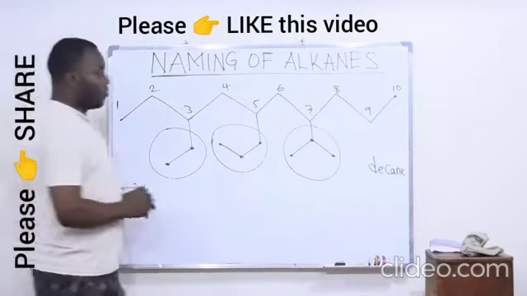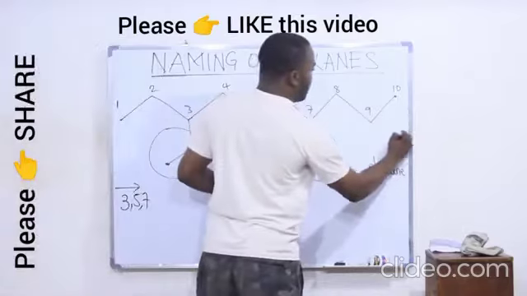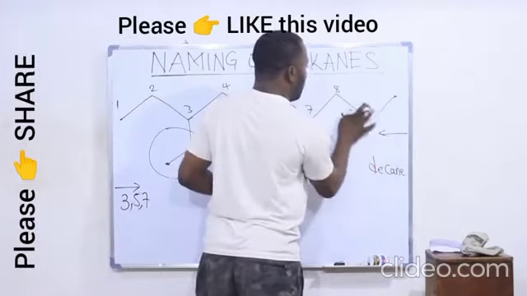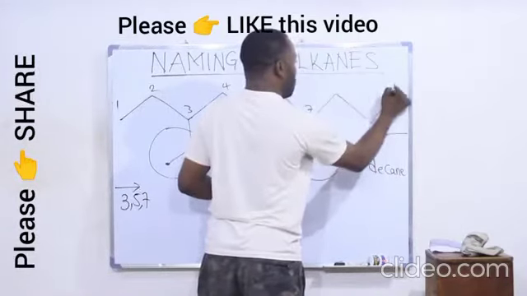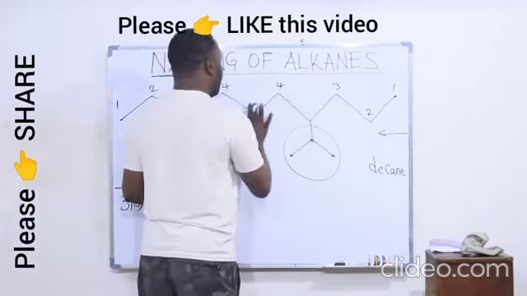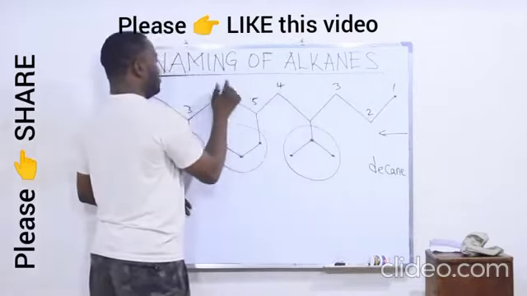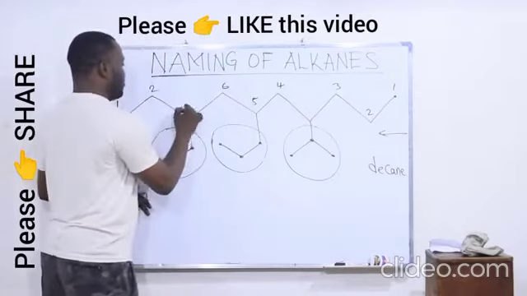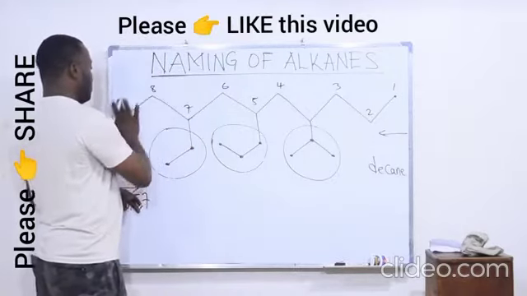357. But if I number from right to left, let's see where the attachments will be. It will be 1, 2, 3, 4, 5, 6, 7, 8, 9.